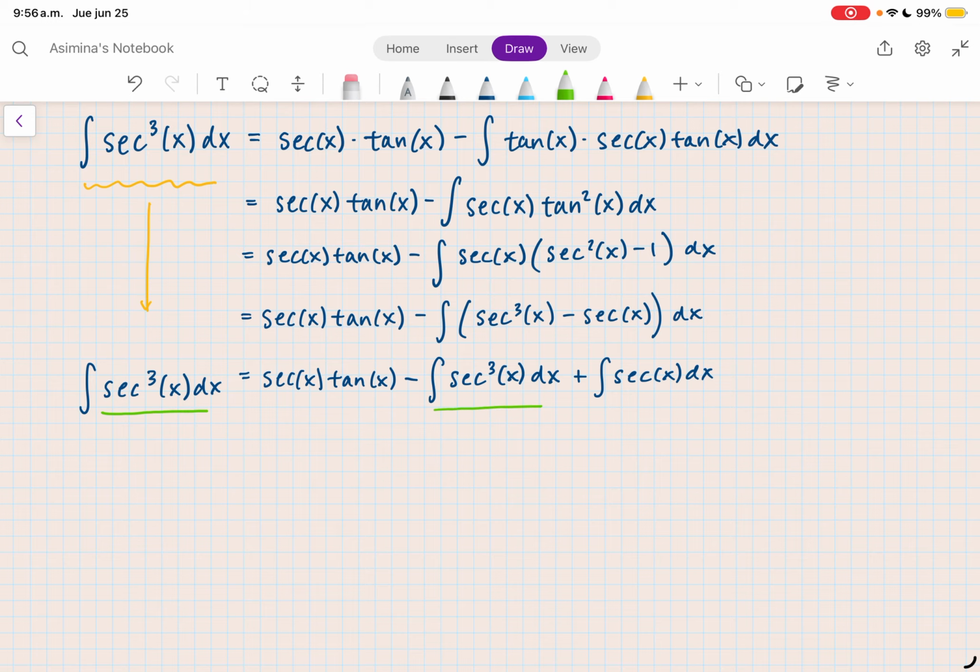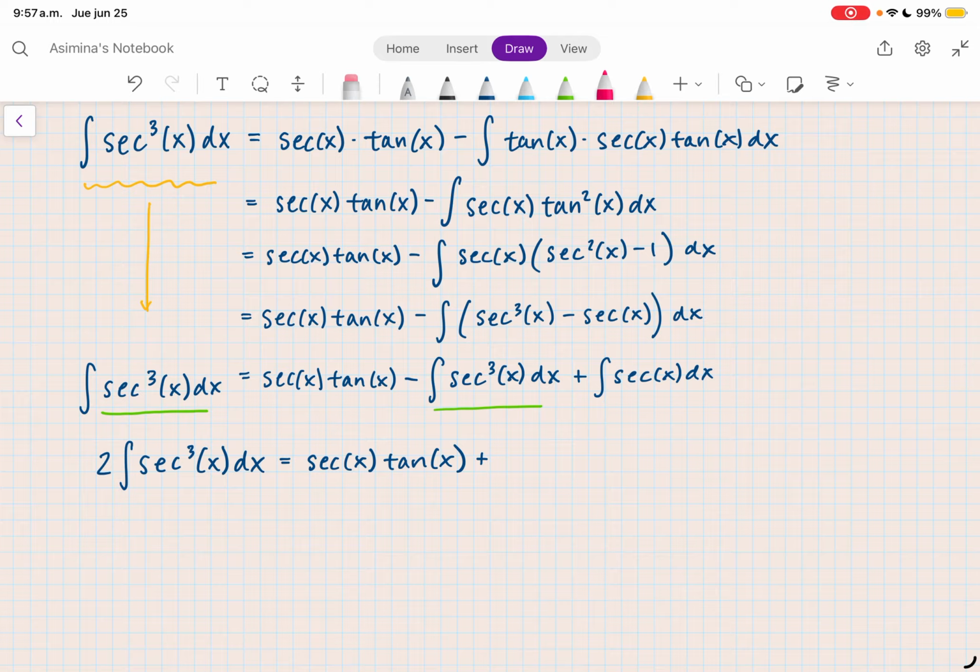So I can add that to both sides. So I have 2 times the integral of secant cubed x dx equals secant of x times tan of x plus the integral of secant of x dx.